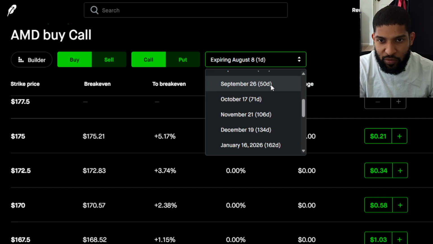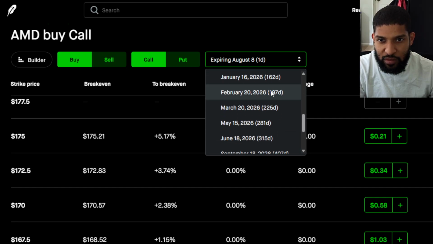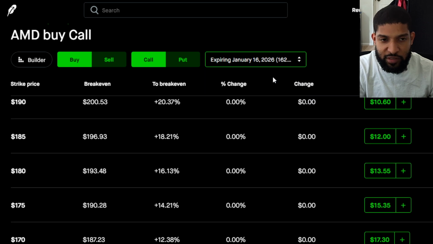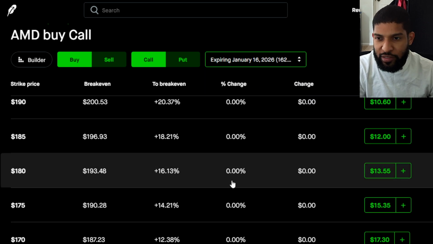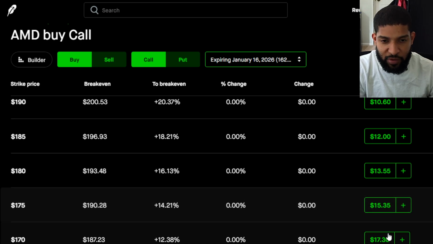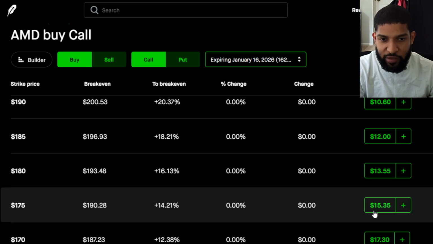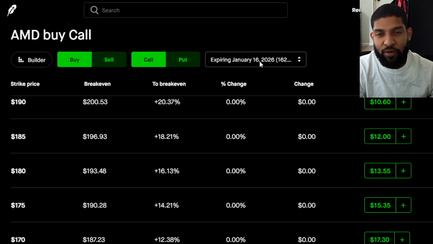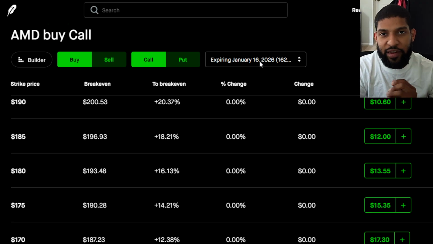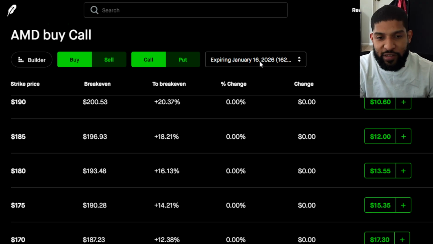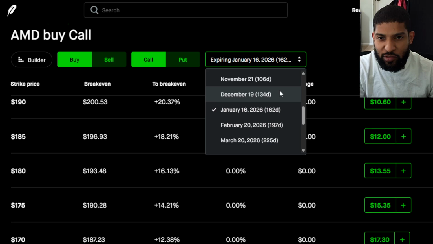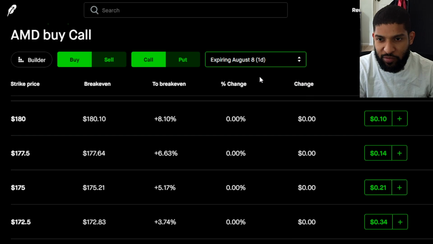If you want to push it out to January 16, 2026, you notice the cost of these contracts increase because you're pushing the expiration date out. So basically, you're paying for time. So let's just go back to tomorrow's expiration date.